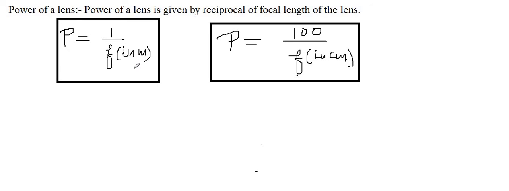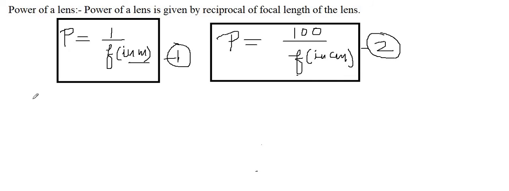This formula is applicable when we have taken our focal length in meters, and if we have taken focal length in centimeters, then we have to apply another formula for power of a lens, which is equal to 100 upon f. If focal length is given in meters, then the formula will be 1 upon f, and if the focal length is in centimeters, then the formula will be 100 upon f.